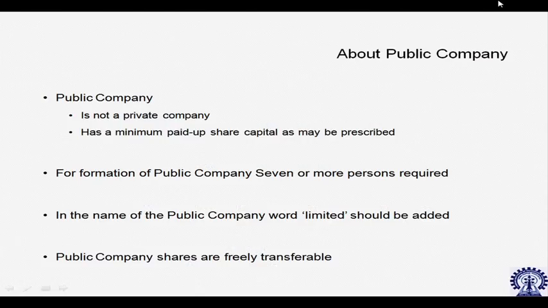At the same time, the public limited company can issue shares or freely transfer the shares, which is characteristically different from the private limited company, because in a private limited company you can have a restriction, but in a public limited company it needs to be freely transferable.